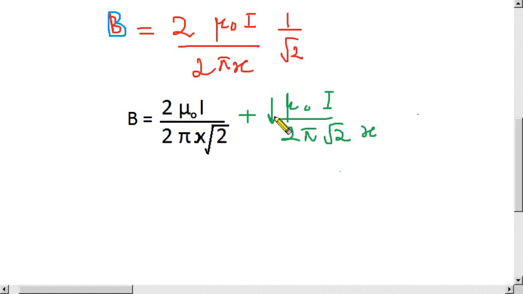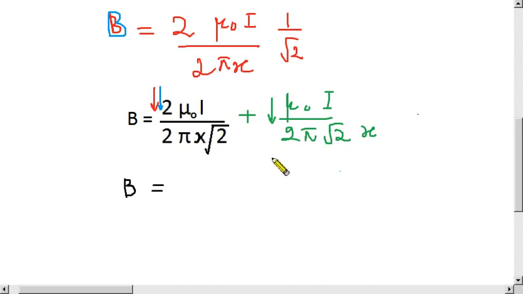Now let us simplify. All these are downwards. The red and blue flux densities are simplified like this, and we are going to add it to the green one. So finally we get the final flux density: 2 pi root 2 x.